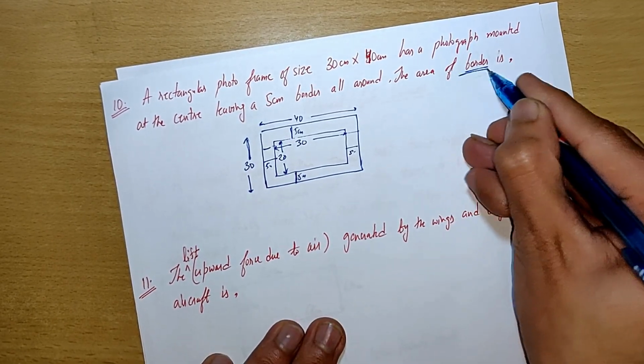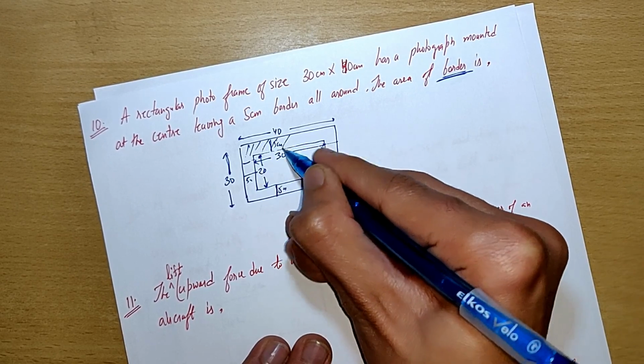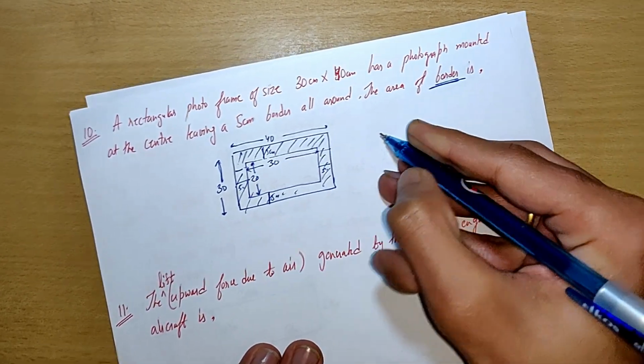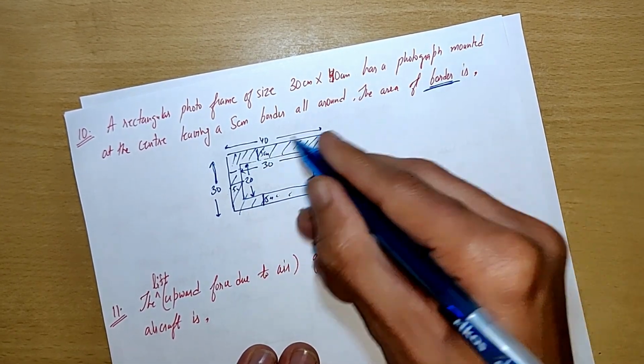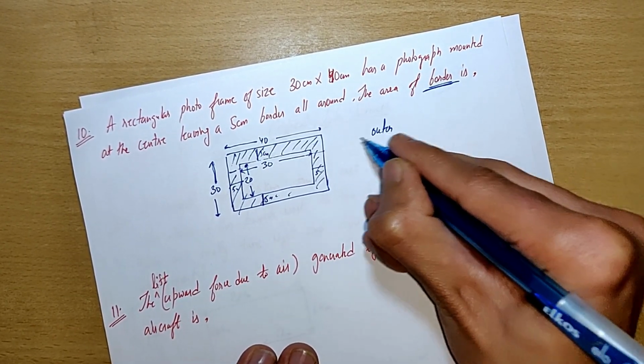So we have to calculate the area of the border. How can we calculate the area of the border? First, the area of the outer rectangle. What will be the area of the outer rectangle?